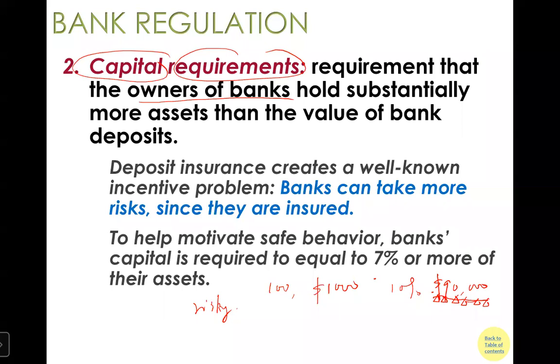That's going to give them the incentive to monitor this investment and to invest very cautiously and wisely to avoid unnecessary risk. Okay, so this is the purpose of the capital requirement, or this is how the capital requirement can help reduce the potential risk of bank run.